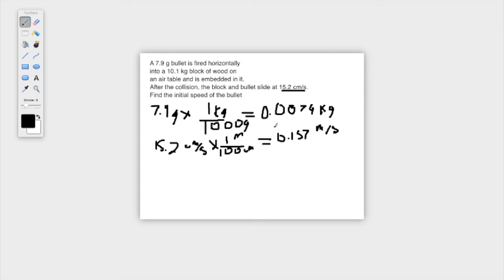So now that we're converted to SI units, let's actually solve the problem. So if you recall from conservation of momentum, because it's embedded, they're going to be moving at the same speed after the collision.